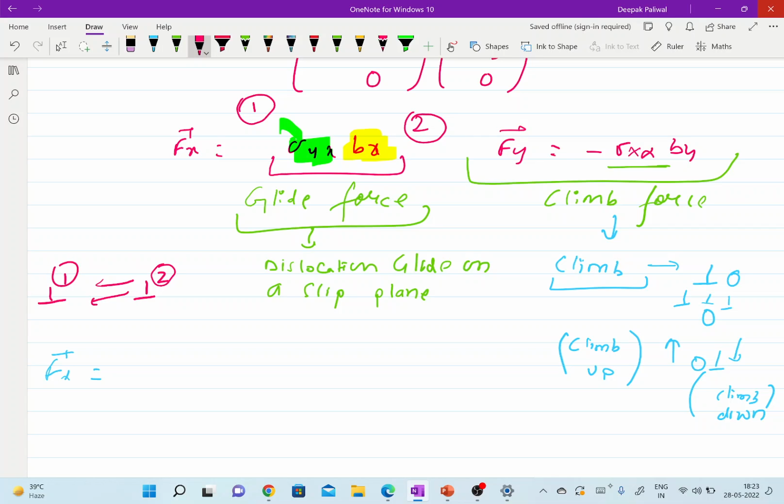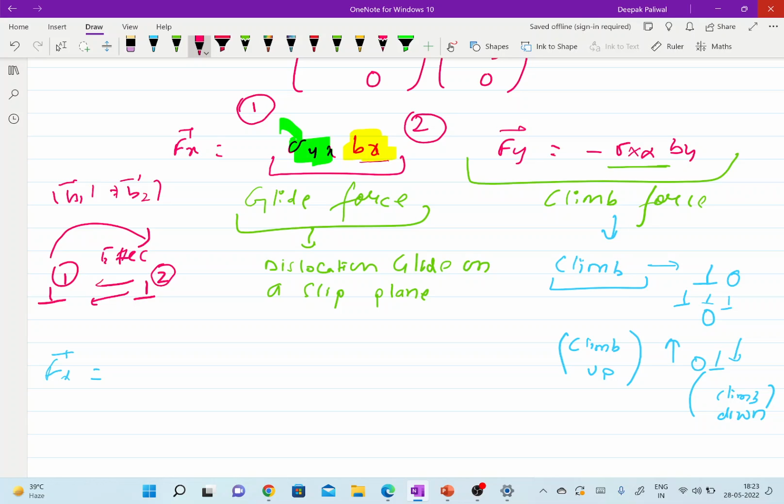So we are interested in the effect of 1 over 2. So we are writing here for 2, and when we write the equation of this one, we will write the Burgers vector b1, and the magnitude of Burgers vector b1 and Burgers vector b2 would be equal.